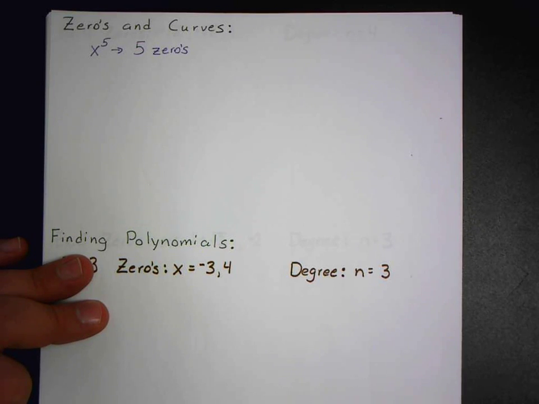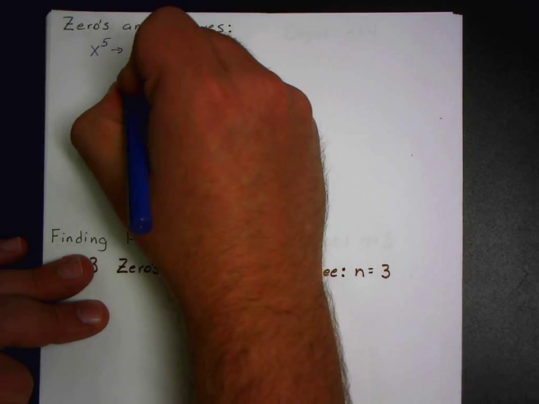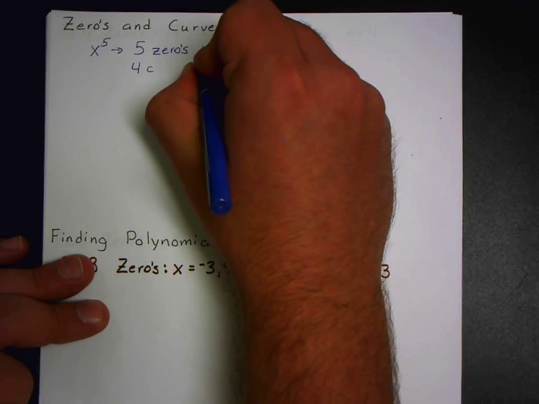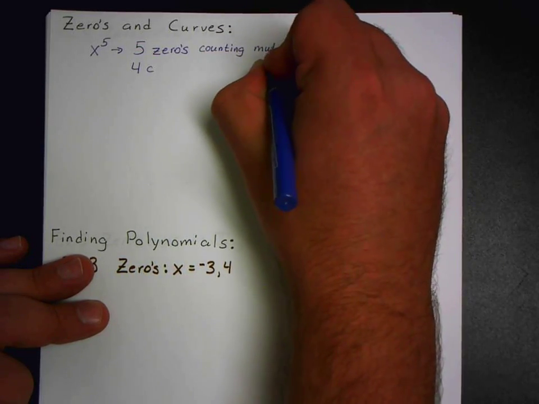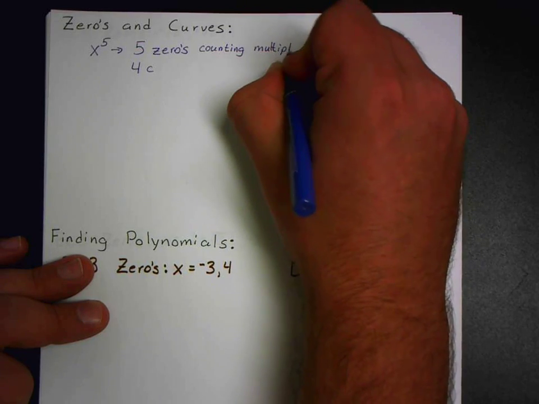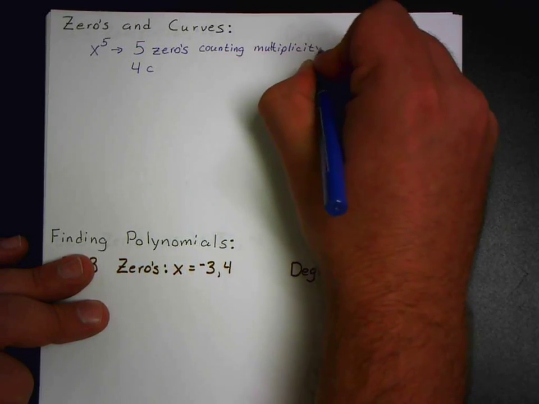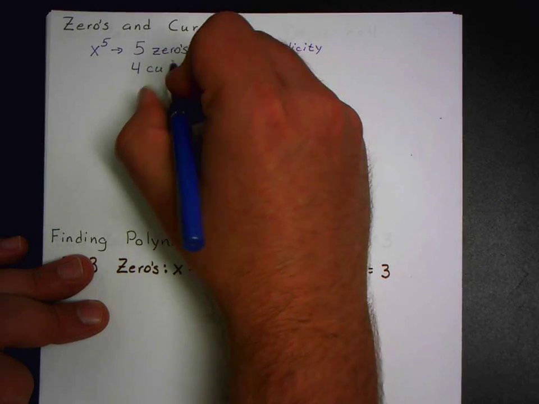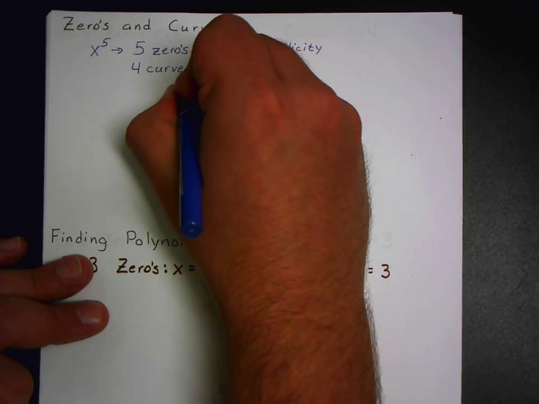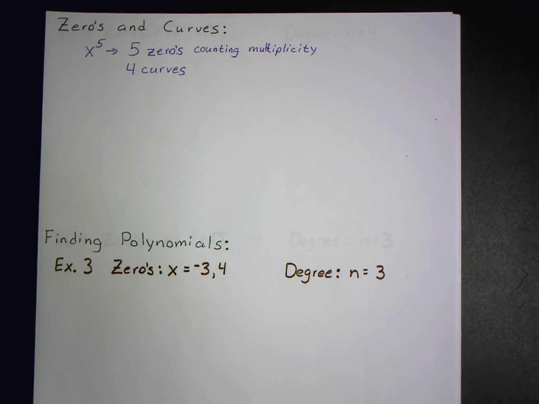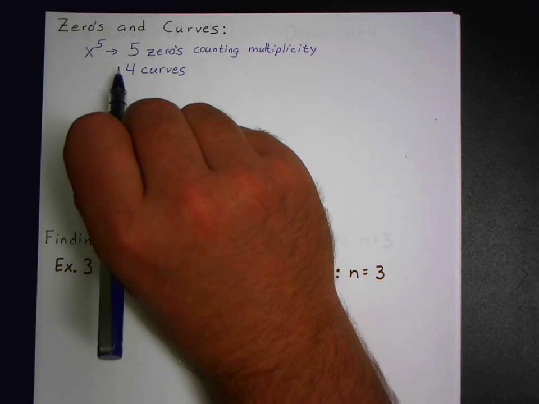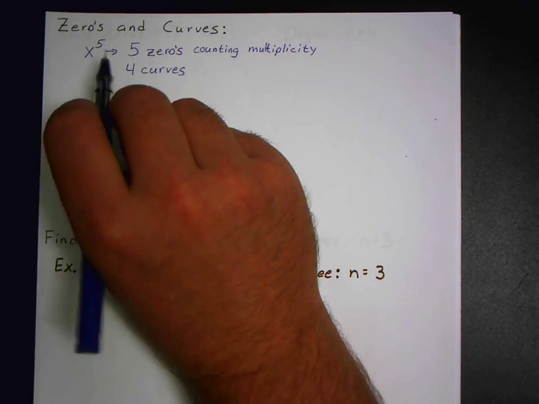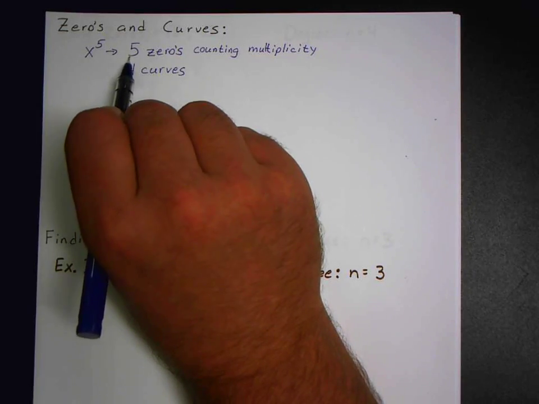And how many curves did it have? Now, these are up to numbers. It should always have 5 zeros.